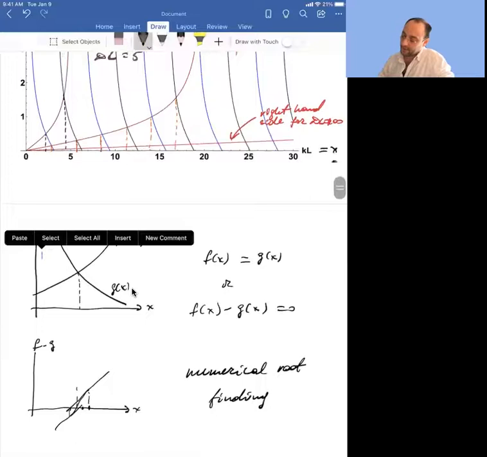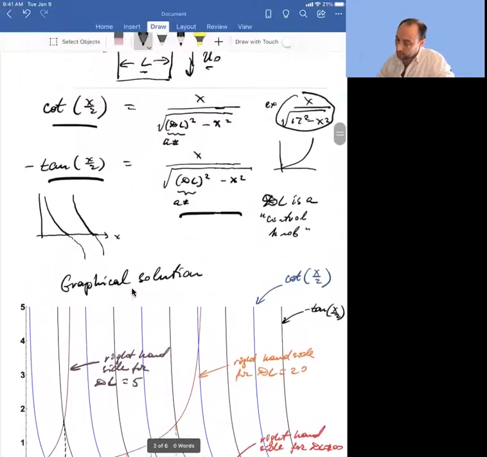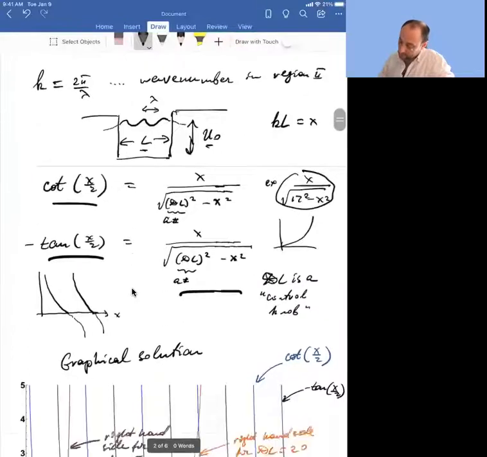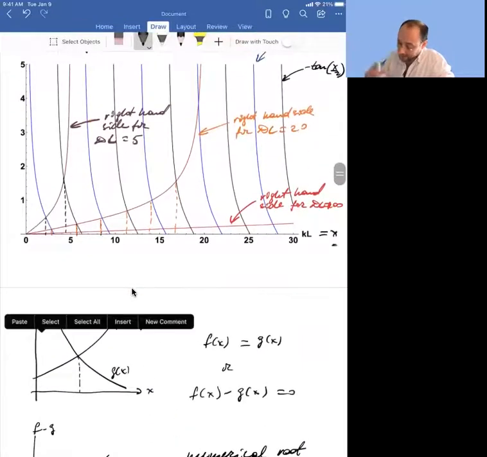In your homework, again, the first thing you would need to do is compute script DL. From script DL, you will construct this right-hand side function. You would look at the intersections of that right-hand side function with tangent and minus tangent and cotangent. You would identify the number of roots. Then you would read off the actual value of x at which those roots happen.